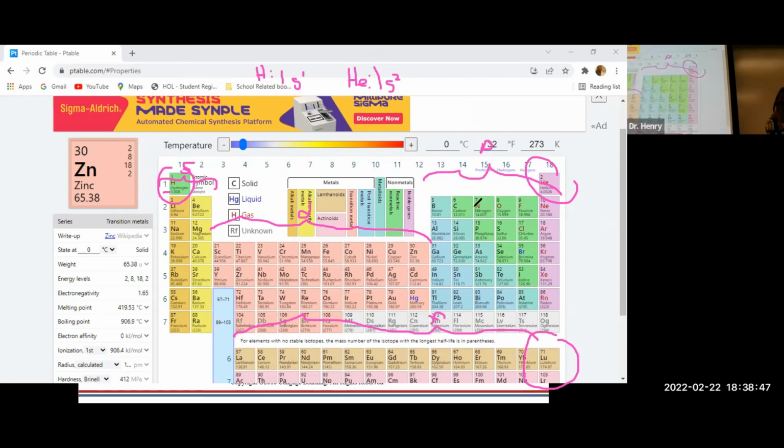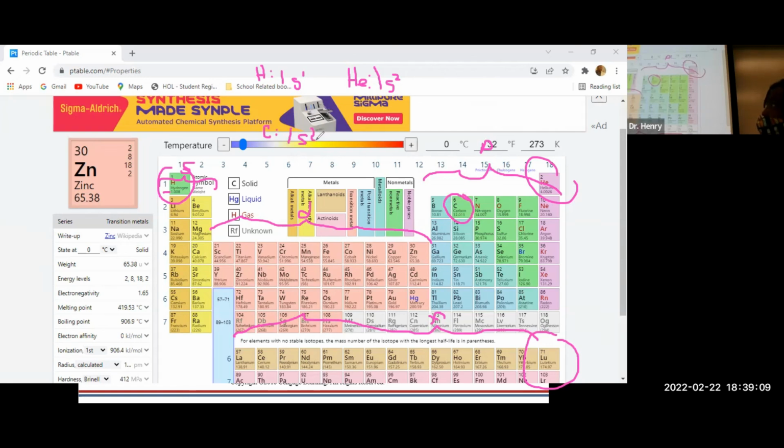So if I have an element like carbon, the electron configuration for carbon would be 1s2. So that would be the first 2 electrons. And you always fill from the lowest energy level, so you always have to start off at the 1s.